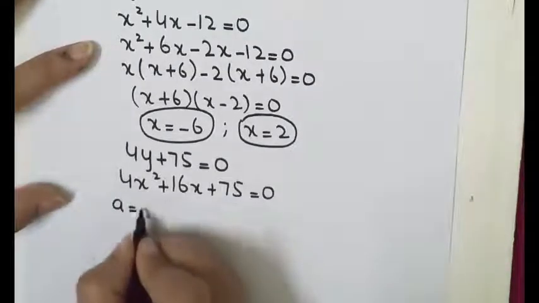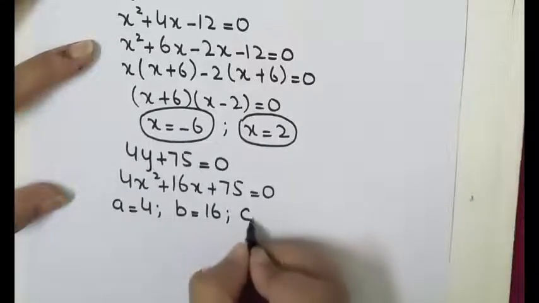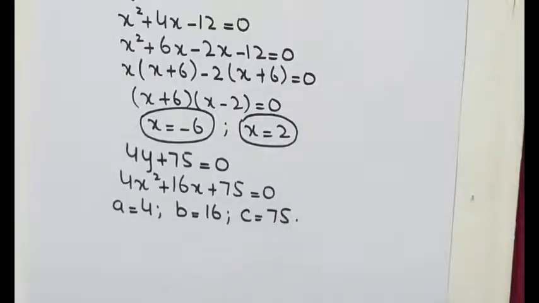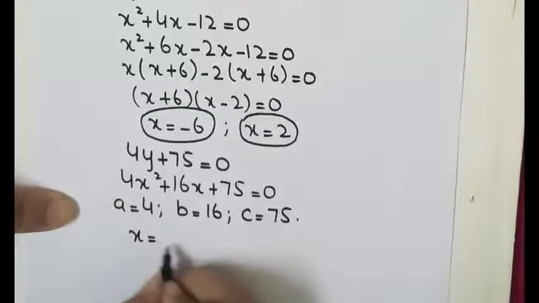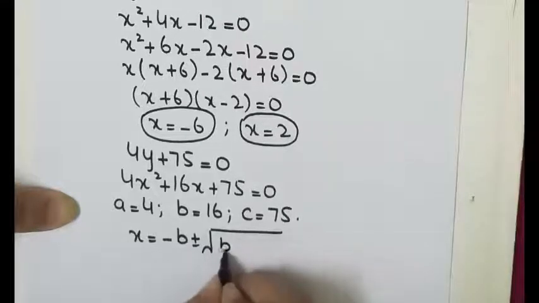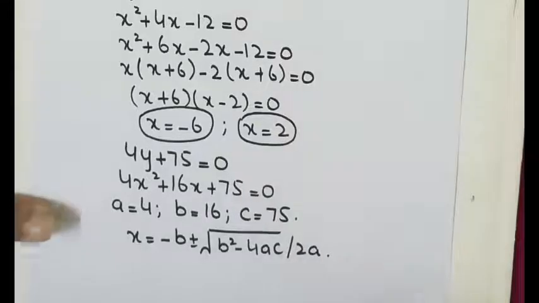We have the value of a 4, value of b 16, value of c 75. Applying the quadratic formula is more preferable since it's easier to solve. So we have x is equal to minus b plus minus square root of b square minus 4ac over 2a.